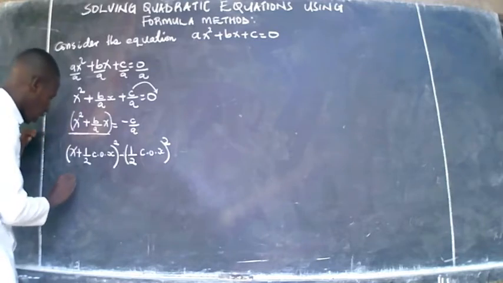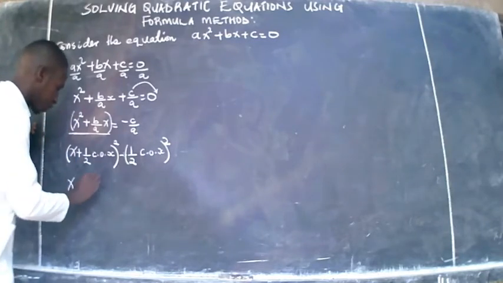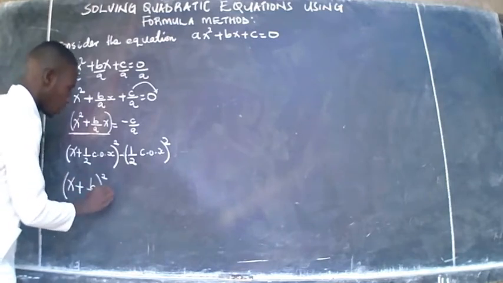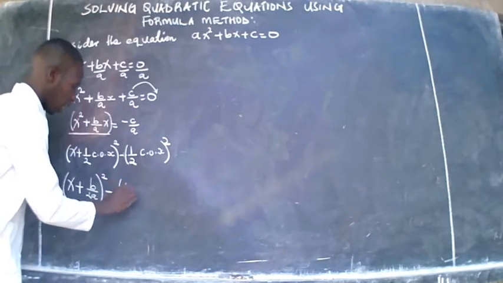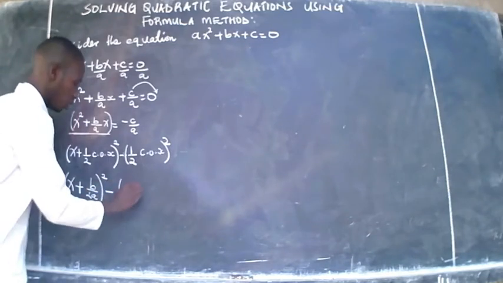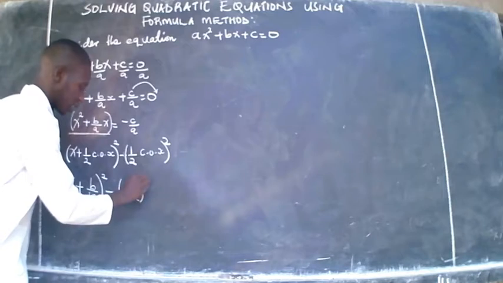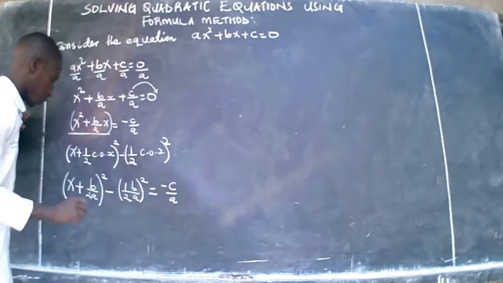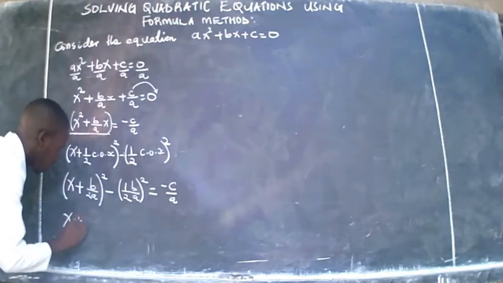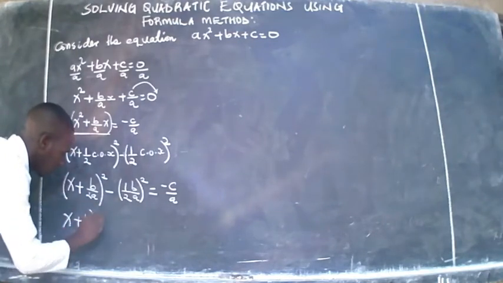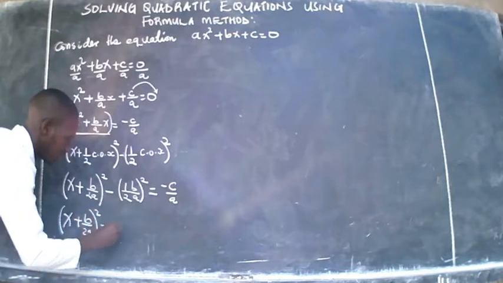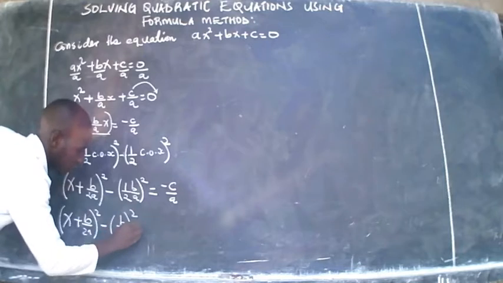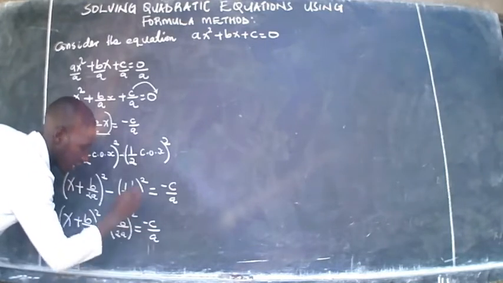So we shall have x plus b over 2a, please don't forget that we are squaring, minus half the coefficient of x, which is b over 2a, squared, equals negative c over a.